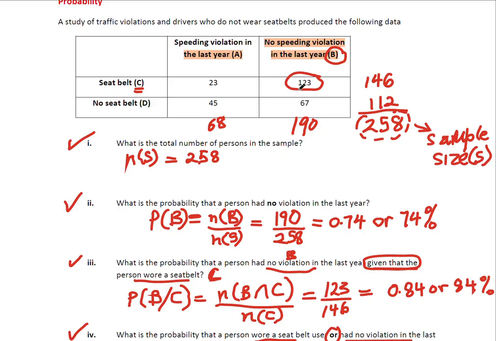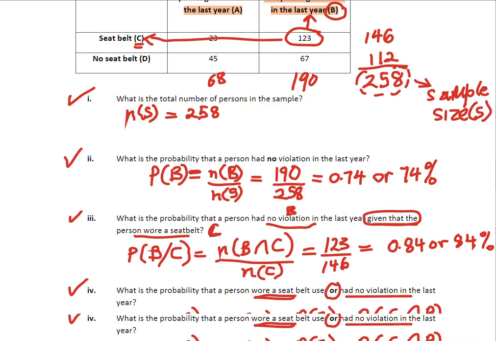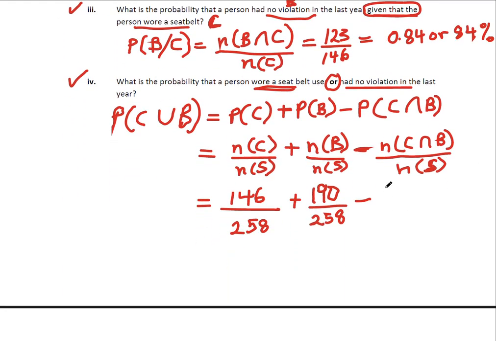This 123 here represents the number of persons who had no speeding violations and also wore a seatbelt. So those two conditions are satisfied by the 123. So we're going to take away therefore 123 divided by the number of observations in the entire sample space here again, which is 258. And so that's how we calculate.